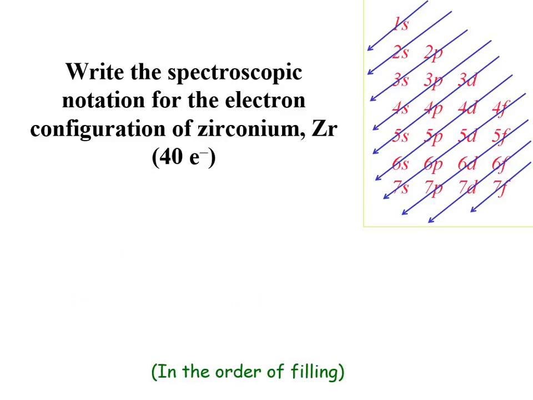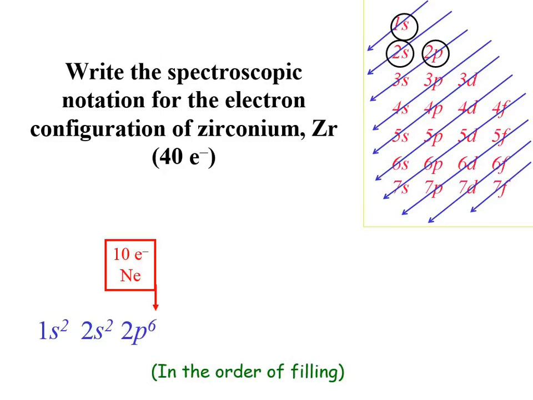Let's do another one. That was 19, this is 40. Okay, so we're going to zoom past potassium all the way to zirconium. So first 2 electrons go in the 1s, so 1s2. Then we go 2s2, 2p6, and we have reached neon.